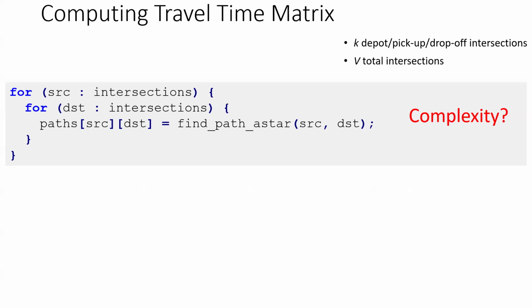So we have K sources and destinations, and we have V total intersections. What is the complexity? What's the complexity of A star?